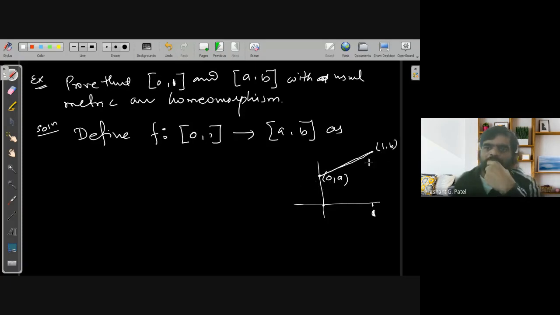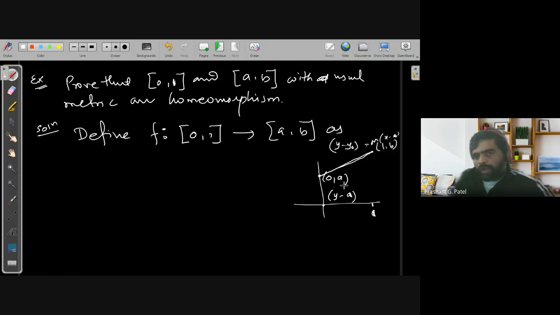So what is the line joining these two? Can somebody find the line joining these two points? You know the formula: y minus y0 is equal to m into x minus x0, where m is the slope of this line.